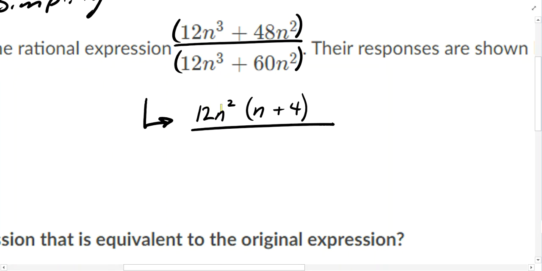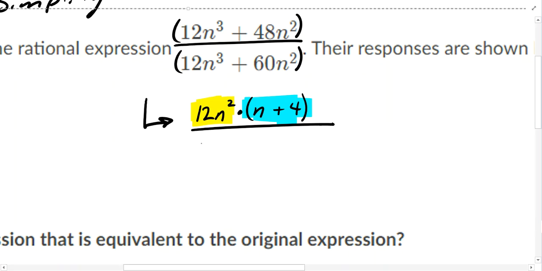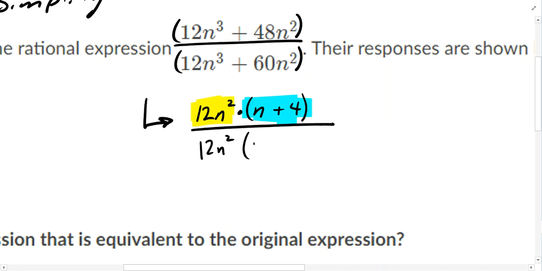Now, as it stands, we do have a term that multiplies by another term. We don't often write the symbol here, but there is an implied multiplication symbol. So if I have these two terms separated by a multiplication sign, and again a 12n squared in the denominator, as it turns out we do, 12n squared is common between these two terms, and we're left with n plus 5 this time after factoring.